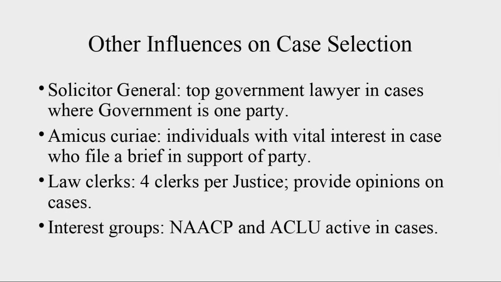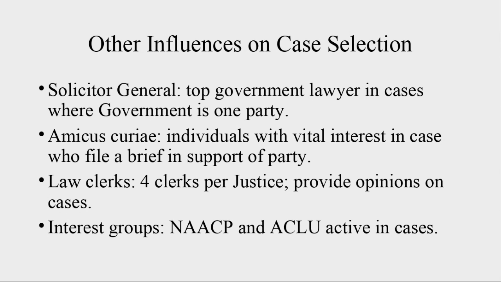2 of the most active interest groups on the Supreme Court are the NAACP and the ACLU. So the NAACP will combine cases as necessary. Brown versus the Board of Education was the result of 4 separate lawsuits combined into one case by the NAACP, where they funded the court costs, the lawyers, and so on.